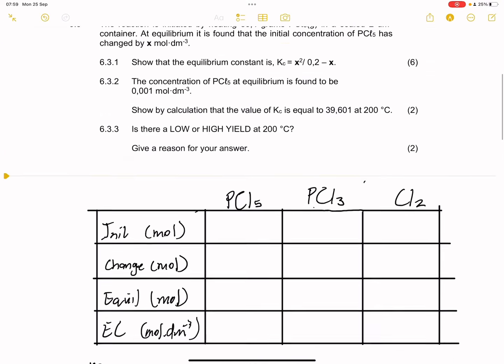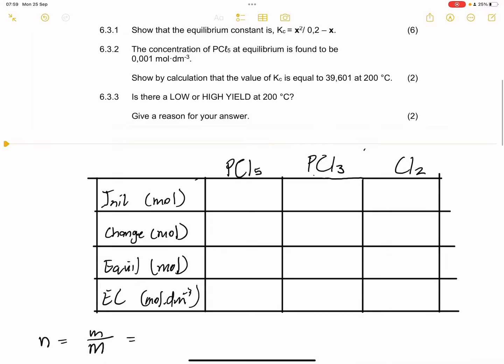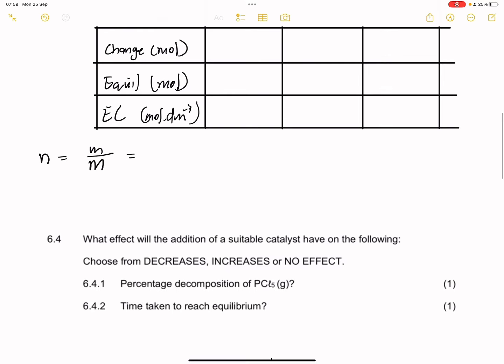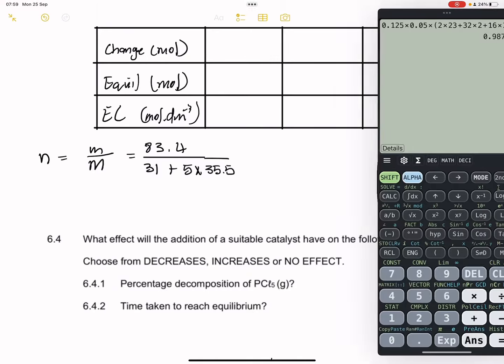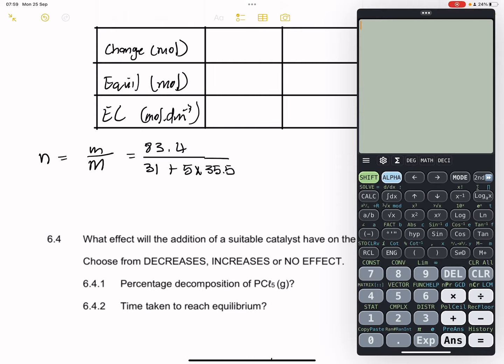So we've got 83.4 grams divided by, for PCl5, 31 for phosphorus plus 5 times chlorine, which is 35.5. Let's quickly do that calculation.